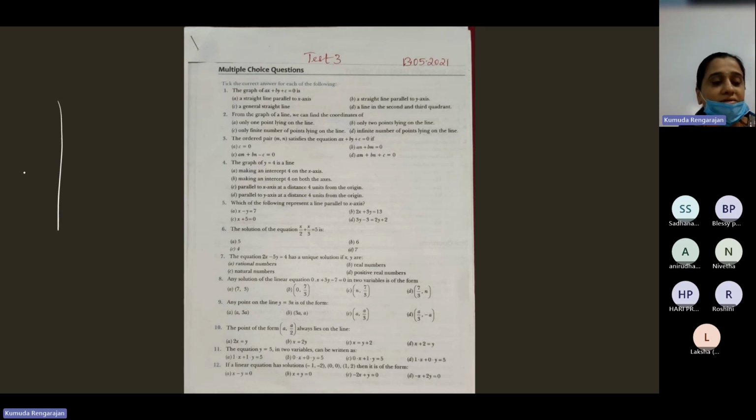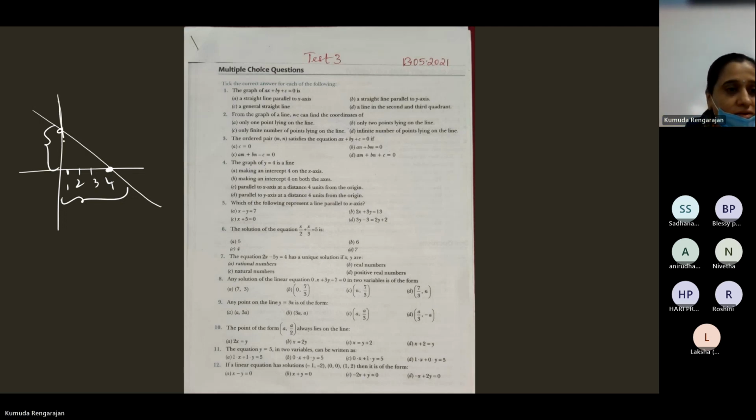Okay. Intercept meaning, see here. Now, this is the x-axis. 1, 2, 3, 4. Now here this is the x-intercept. This one is the y-intercept. This is the y-axis. This is the x-axis.